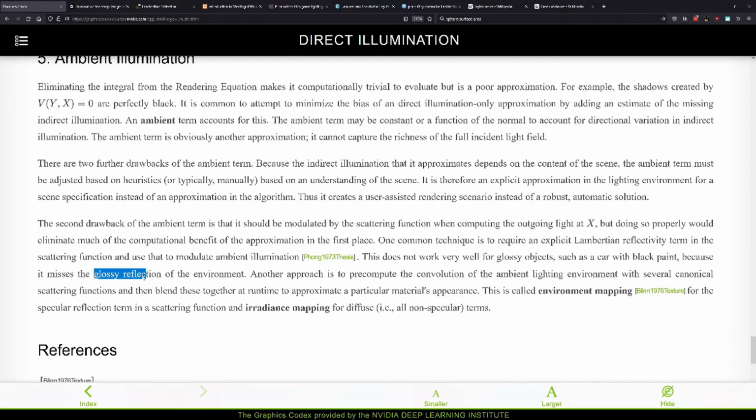Ambient doesn't have any information about the environment other than a constant factor. So, of course, it'd miss reflections from the environment.